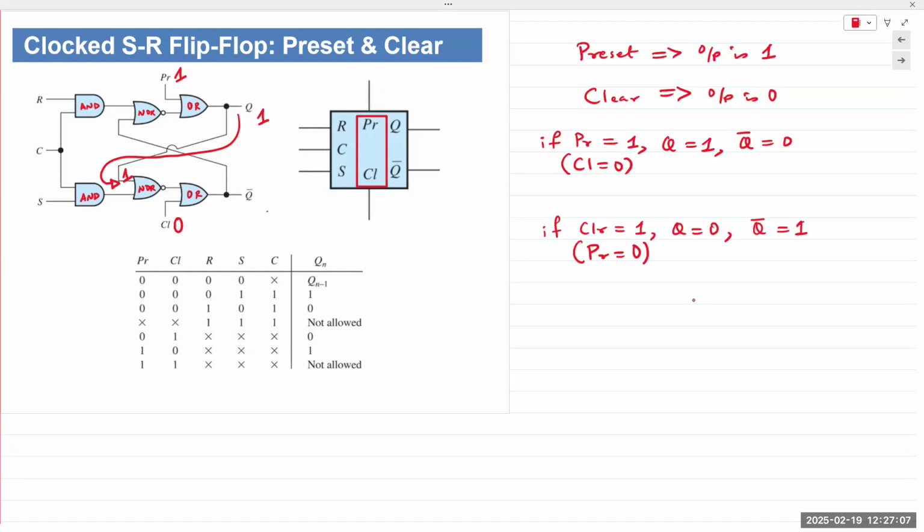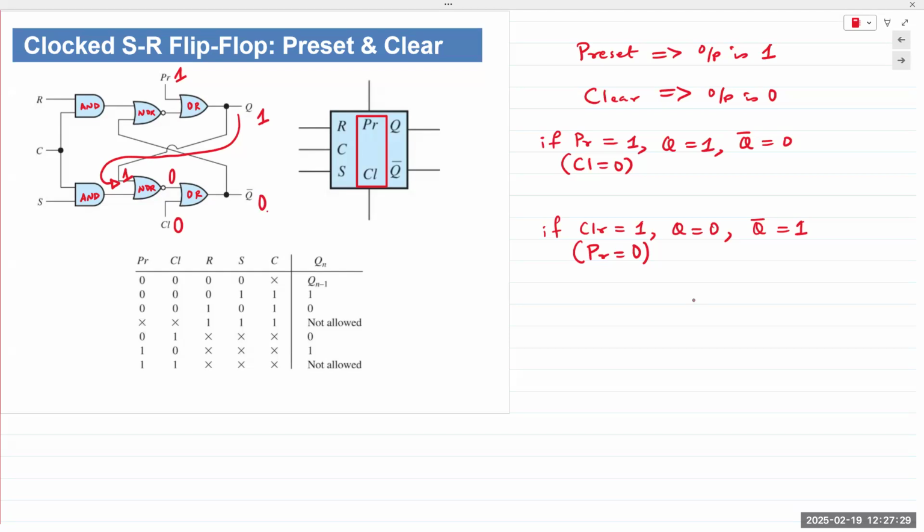If a single input of a NOR gate goes high, then the output of that NOR gate goes to 0. That 0 combined with the clear input of 0 gives you an output of 0. And hence, preset equal to 1, Q is equal to 1.